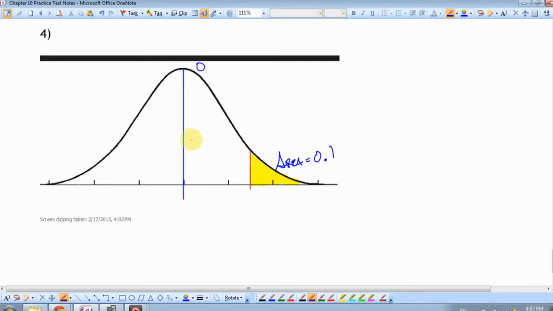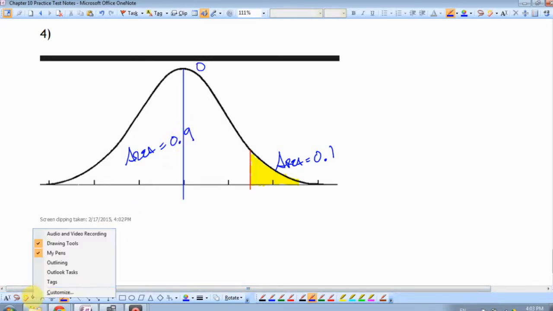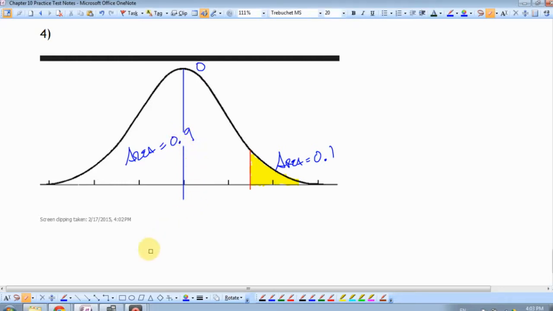Which means, of course, the area over here, 0.9. And what do we need to know? We need to know the t-score up here.